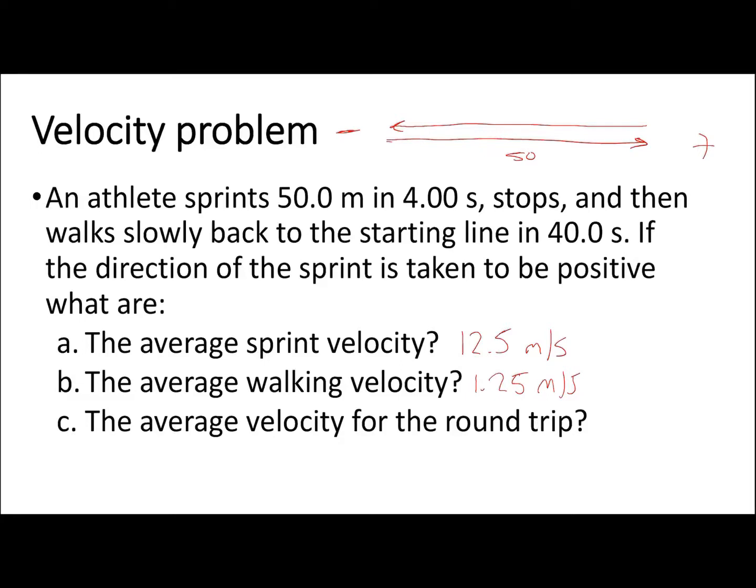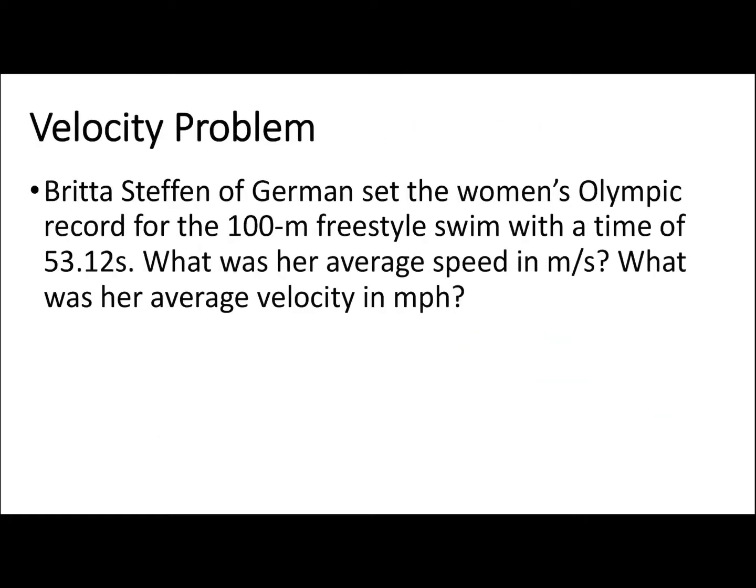Think to ourselves, positive because we went forwards in our sprint, then it has to be negative 1.25 meters per second because we went backwards for our walk. What's the average velocity? 0 meters per second. We ended up right back where we started, so there was no average velocity at all.